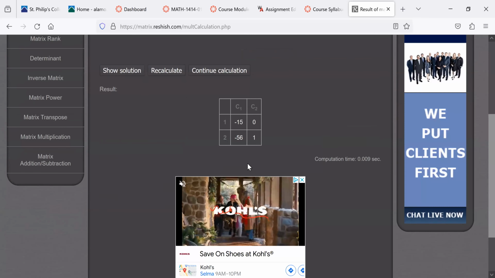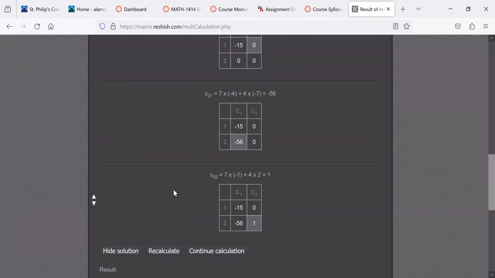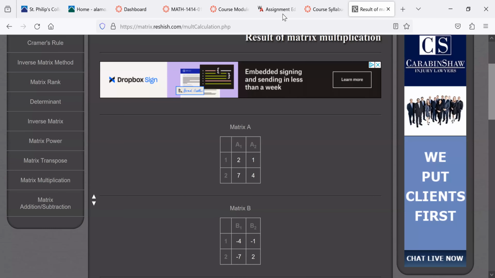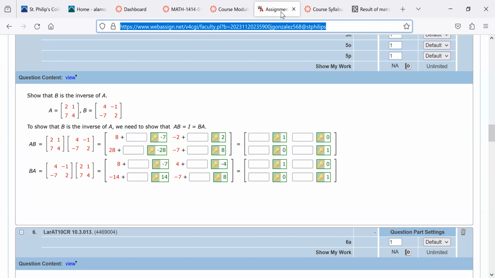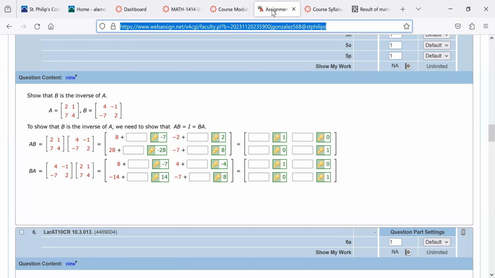So here's doing... what did I mess up? 2, 1, 7, 4. 4, -1. Oh, I see. It's supposed to be 4, -1, -7, 2.